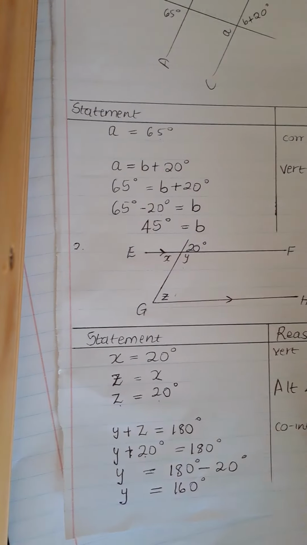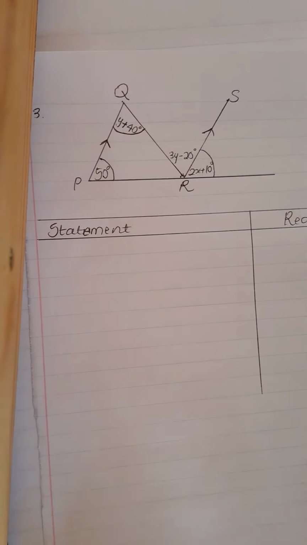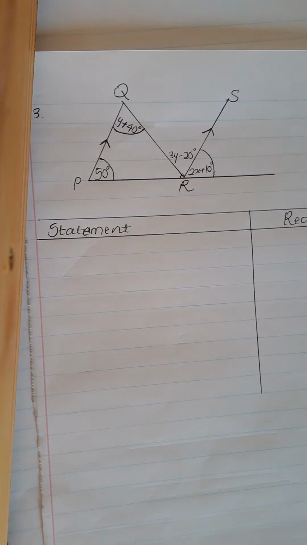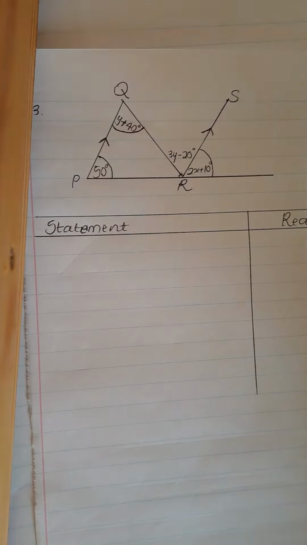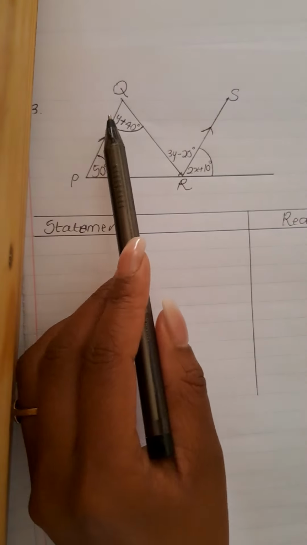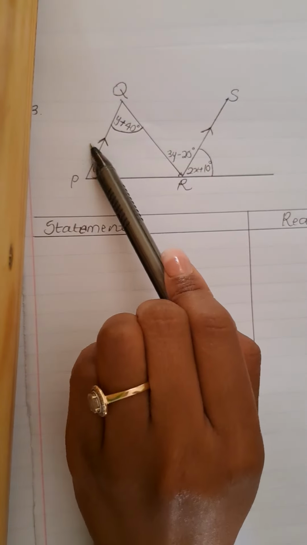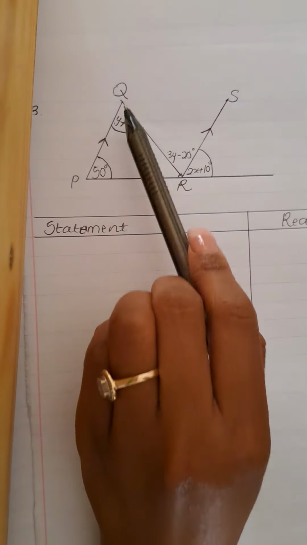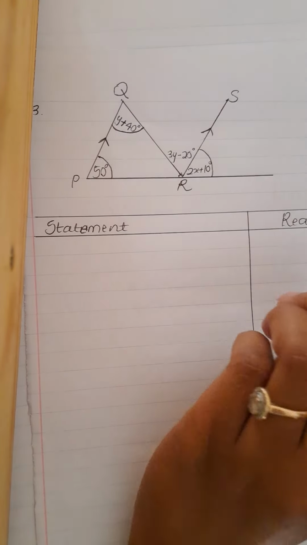All right, and then I have another example that we can work on together. So this is the last example. We need to calculate the value of x as well as the value of y. All right, so you are given line PQ. We can see with the arrows that PQ is parallel to RS.